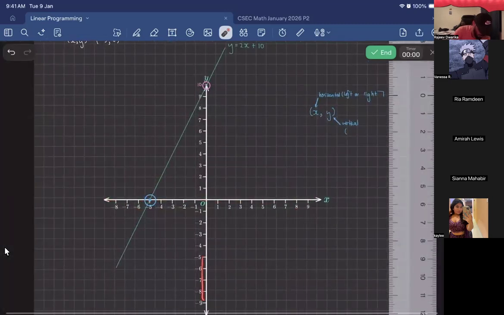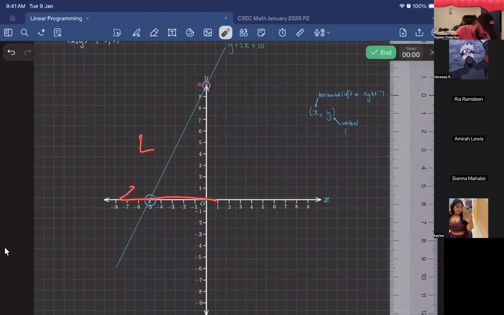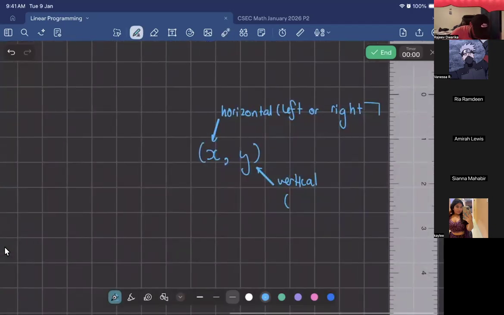If you're on the y-axis, what direction would you move? Imagine you throw a ball into the sky, would you say it moves upwards or downwards? So when you have vertical, you should be thinking up or down.